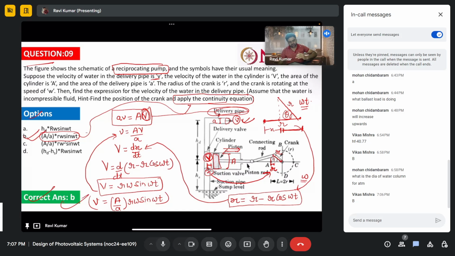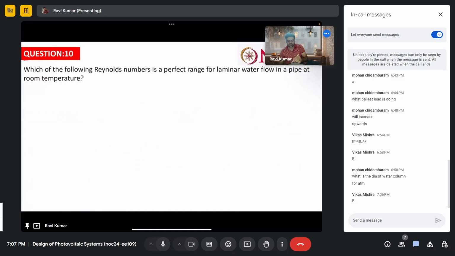Okay, we have a last question which says, which of the following Reynolds numbers is a perfect range for laminar water flow in a pipe at room temperature? And these are the options.